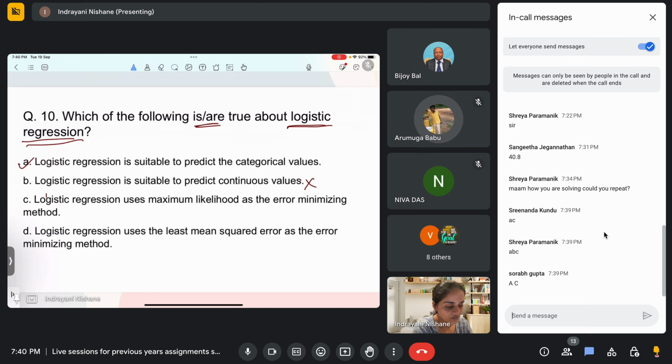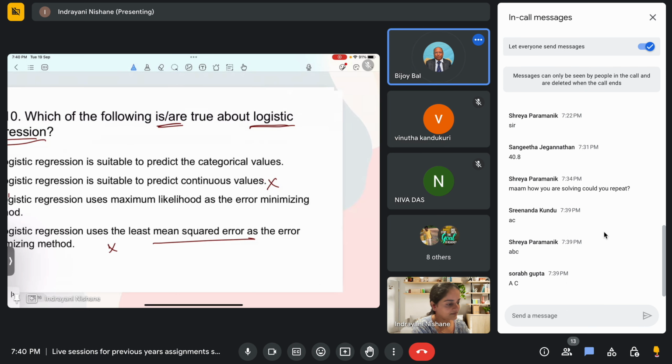Yeah, thank you. Yeah, option C says logistic regression uses maximum likelihood as error minimizing method, and logistic regression uses least mean squared error as the error minimizing. So again, least mean square is used in which regression model? Linear and not logistic. Yeah. So A and C are correct answer.